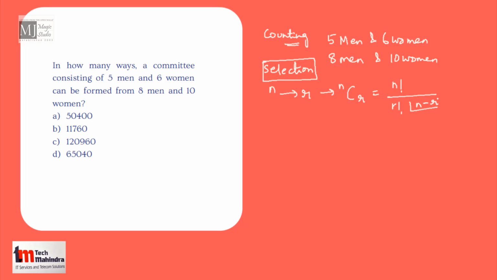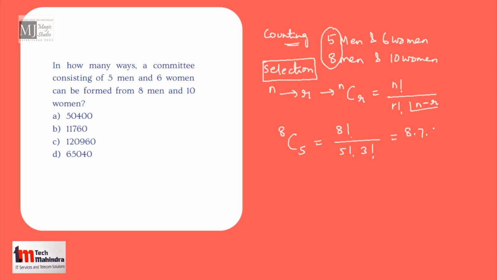See, a very basic problem from selection, but many times I've seen people making errors in these kinds of questions, which we should not be doing. It's simple. So out of 8 men, I need 5. That can be done in 8C5 ways. So that would be factorial 8 by factorial 5 factorial 3.